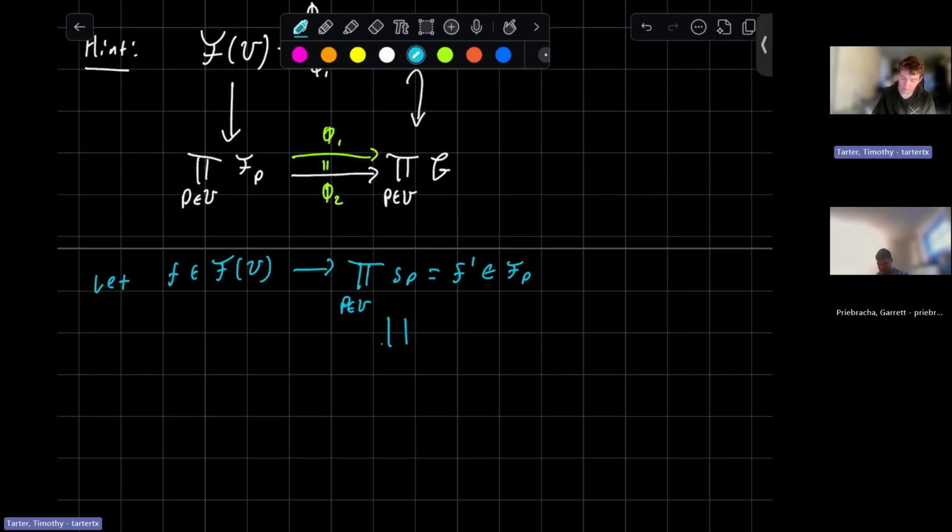But then this goes equivalently to phi 1 of F prime equals phi 2.